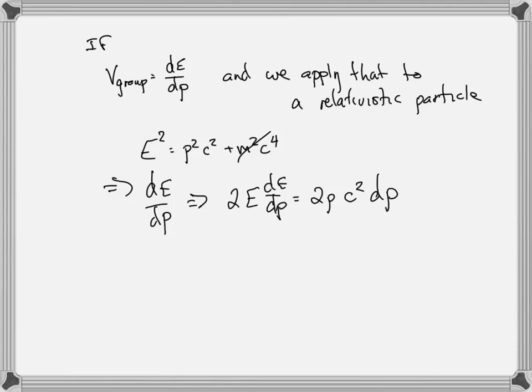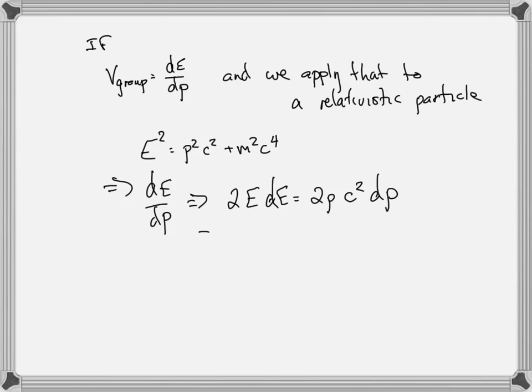And the last term goes to 0 when I take the derivative. We're just taking the differential of both sides, so 2E dE equals 2P dP c squared.